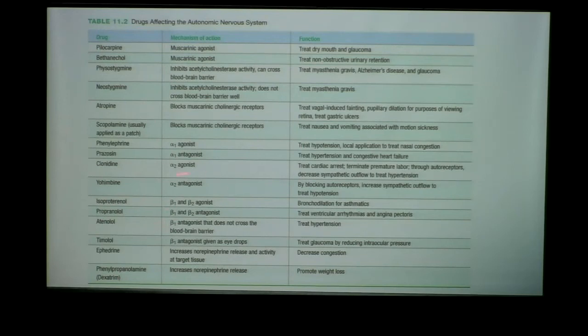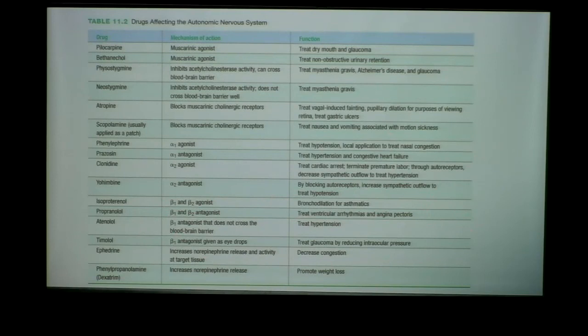And that is good because if we have norepinephrine binding to beta-1 and beta-2 receptors, we get bronchodilation. So remember we said that that inhibitory effect on the tissue is to dilate the tissue, dilate that smooth muscle. And that's what we want in asthmatics, right? For asthma patients, to dilate the bronchioles.